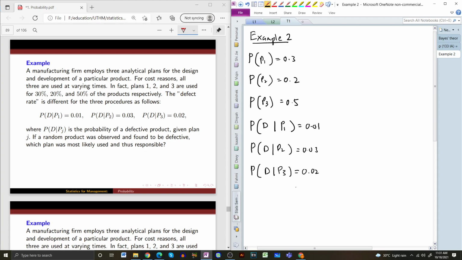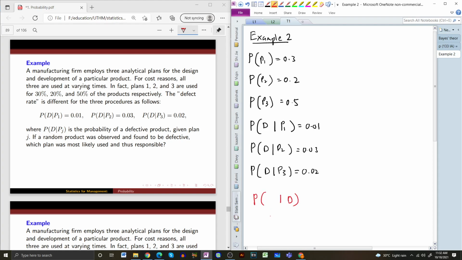If a random product was observed and found to be defective, okay, now the other way around, as I told you, Bayes' theorem is to find the other way around. If D given P1, then we are going to find P1 given D. If a random product was observed and found to be defective, it is defective now.